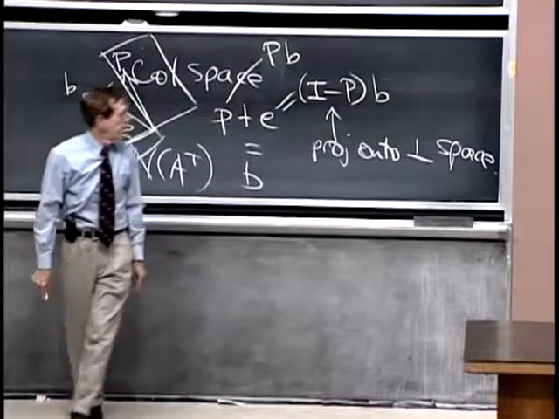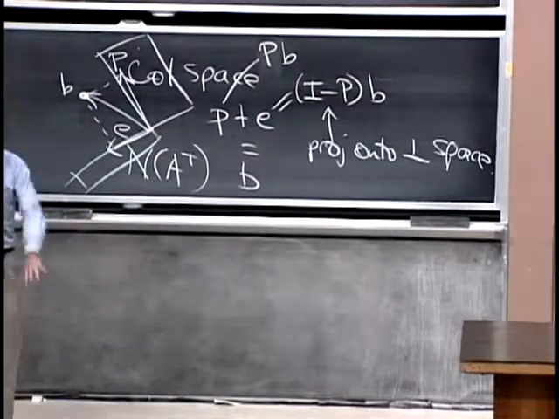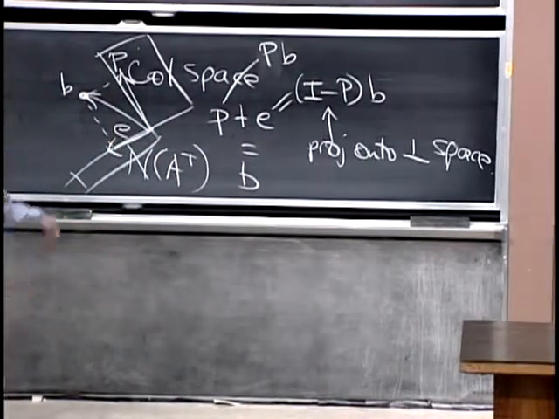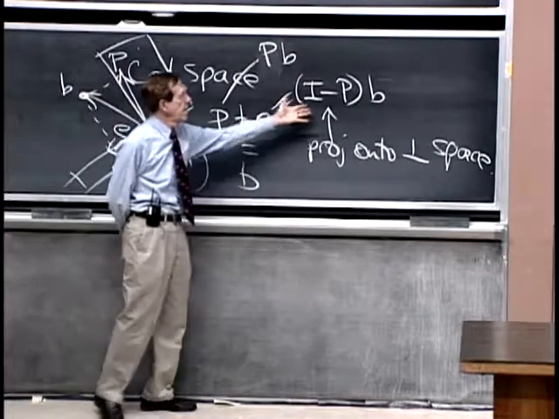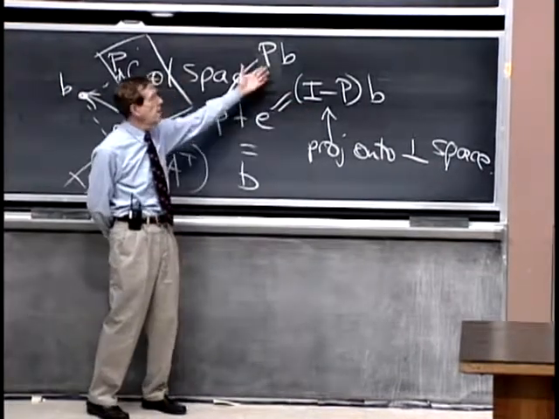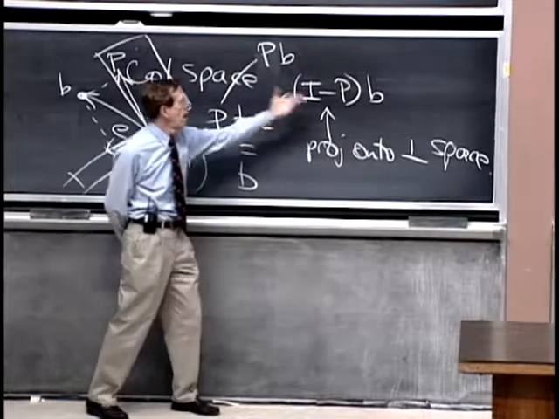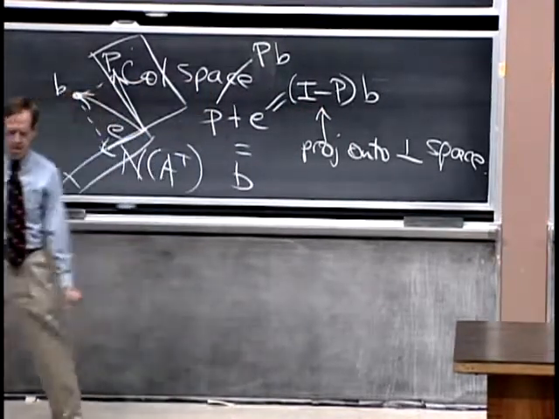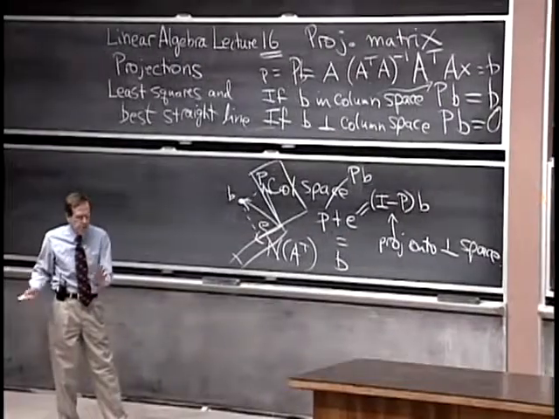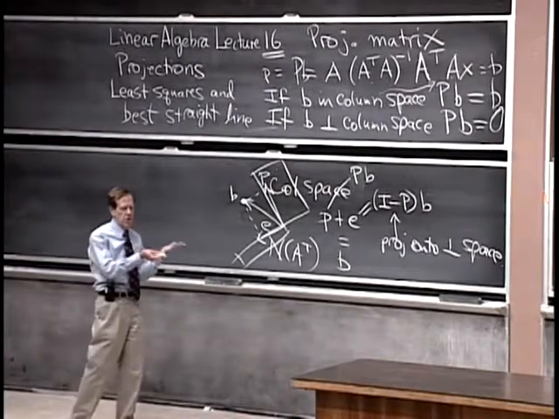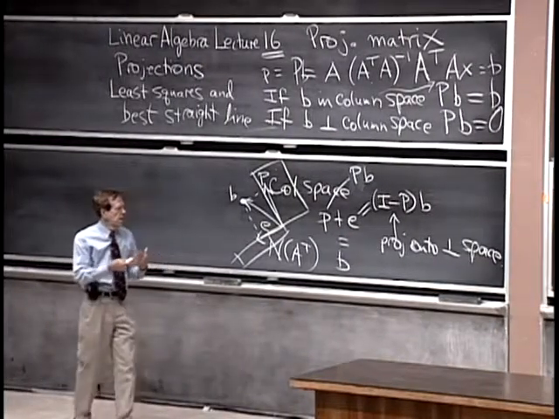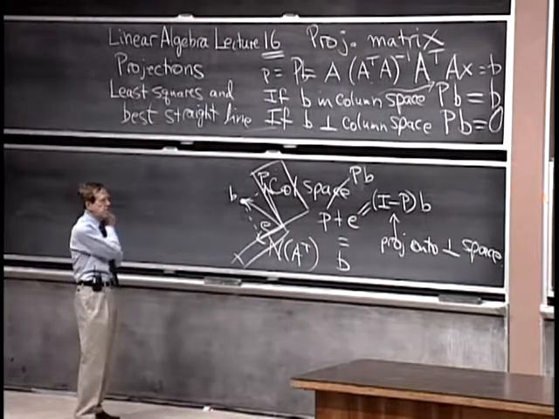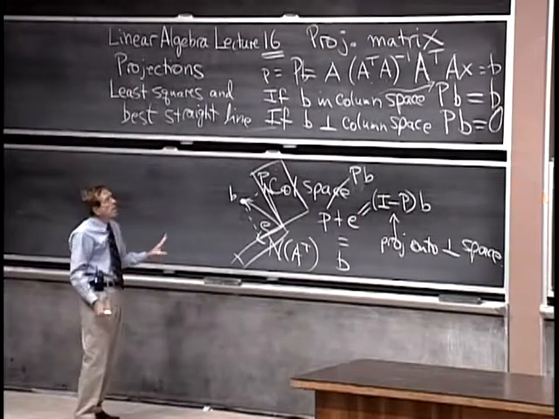Okay. So if P is a projection, I minus P is a projection. If P is symmetric, I minus P is symmetric. If P squared equals P, then I minus P squared equals I minus P. It's just, the algebra is only doing what your picture is completely telling you.